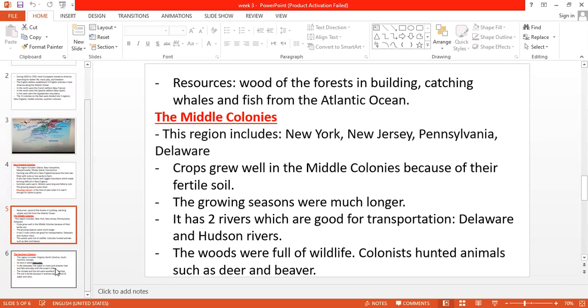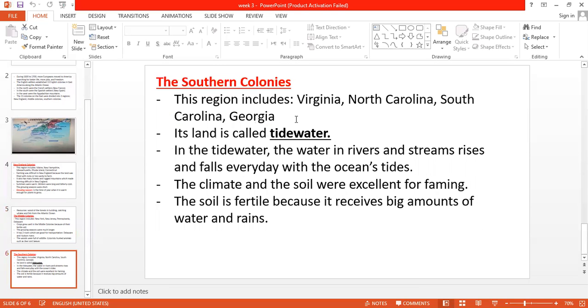Number two, they had two rivers. Okay. Now, the southern colonies. If we speak about the southern colonies, this region includes Virginia, North Carolina, South Carolina, and Georgia, four states. And the land of the southern colonies is called tidewater. What is the meaning of tidewater?